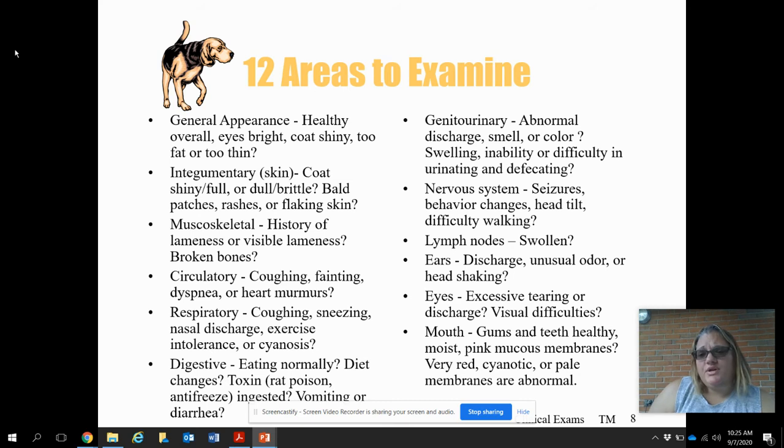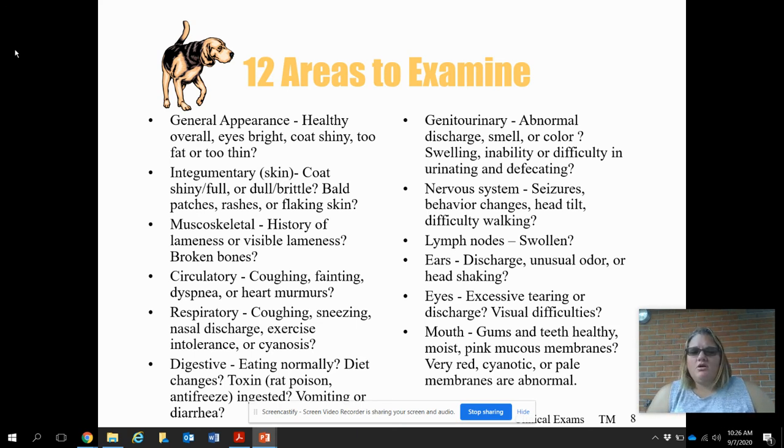The circulatory system. So this is the cardiovascular circulatory system. Coughing. You wouldn't think coughing would have to do with the circulatory system, but it does. Having heartworms can cause an animal to cough. It can have some fatigue. Fainting, dyspnea, and heart murmurs are other things to listen for and look for with problems with the circulatory system.